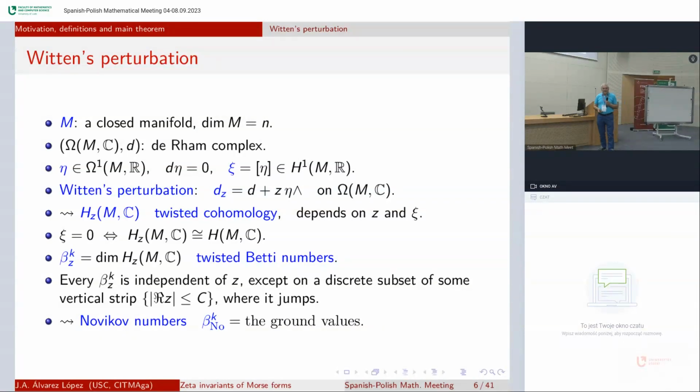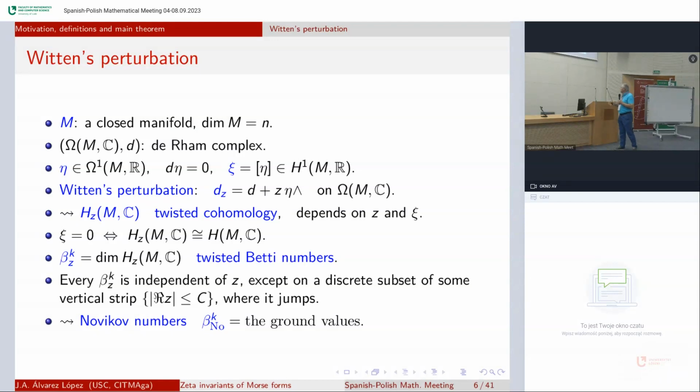And we have twisted Betti numbers. Okay, so we have these twisted Betti numbers, and they are independent of the parameter zeta, except on a discrete subset of some vertical strip, which is the modulus of the real part of zeta less than or equal to C. And in this discrete subset, the twisted Betti numbers may jump.